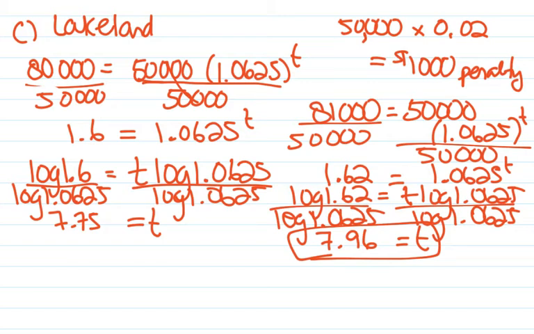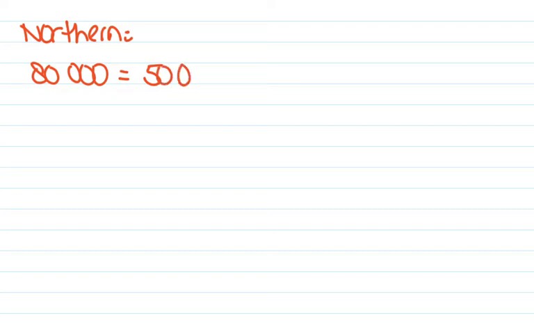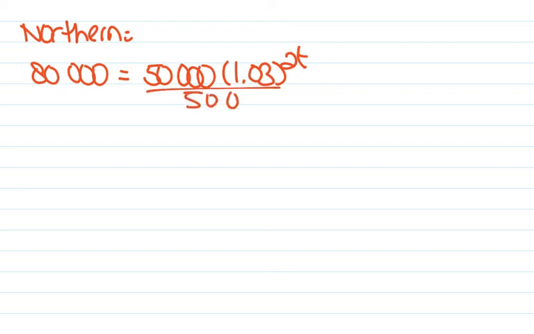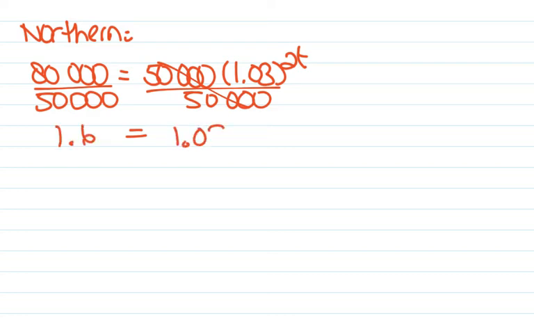Now let's compare with Northern. So $80,000 equals $50,000 times 1.03 to the power of 2t. Divide both sides by $50,000. 80 divided by 50 is 1.6 equals 1.03 to the power of 2t.